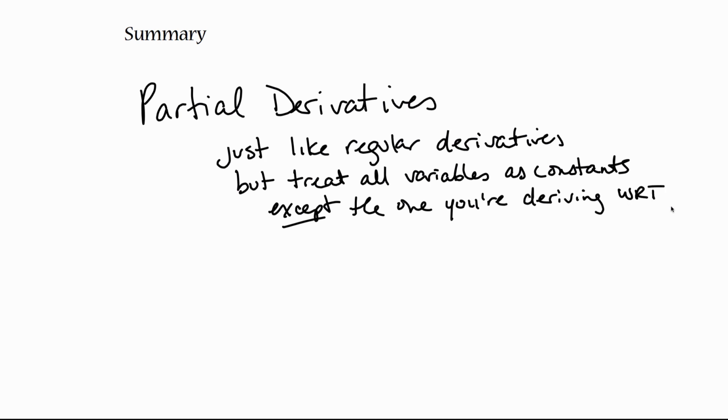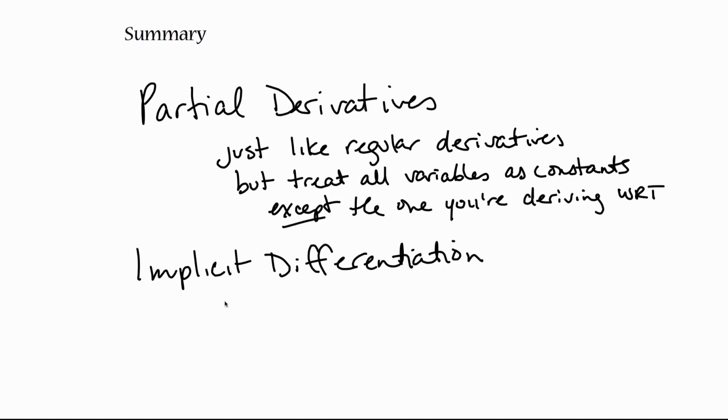WRT is short form for with respect to in math land. And for implicit differentiation, all you're really doing is deriving first and rearranging later.